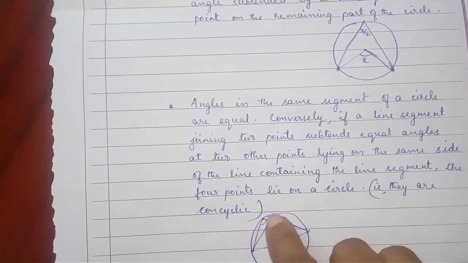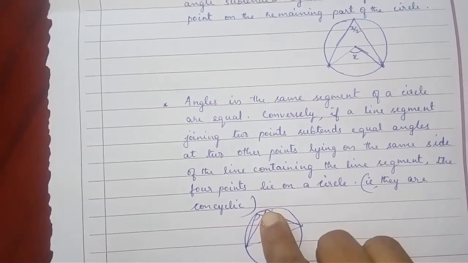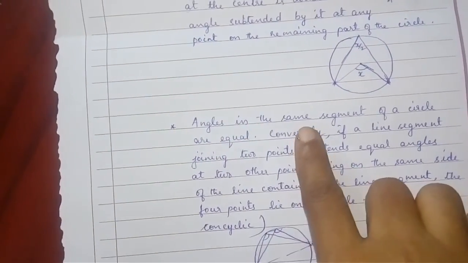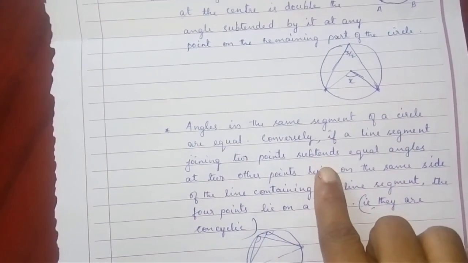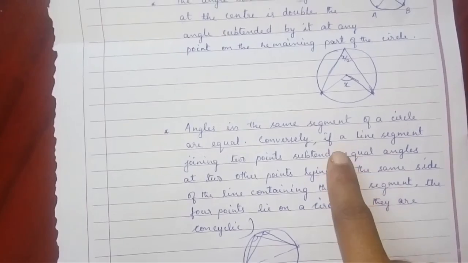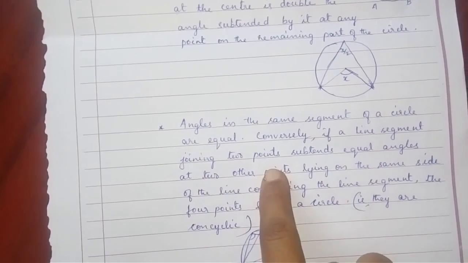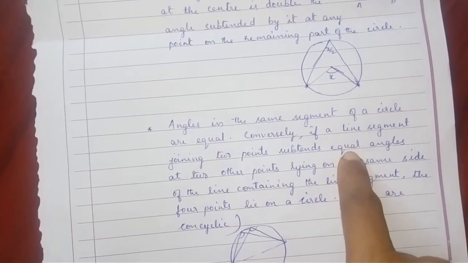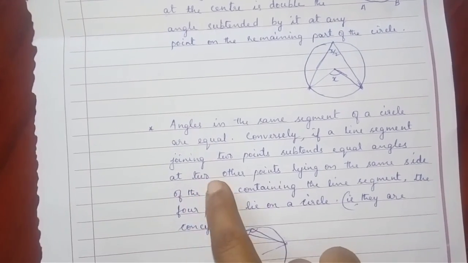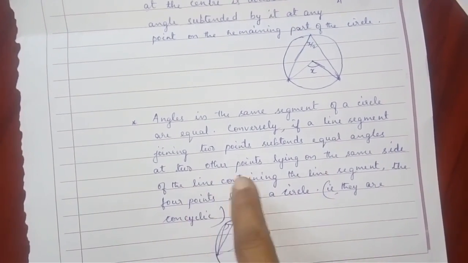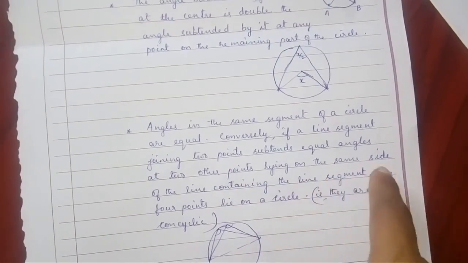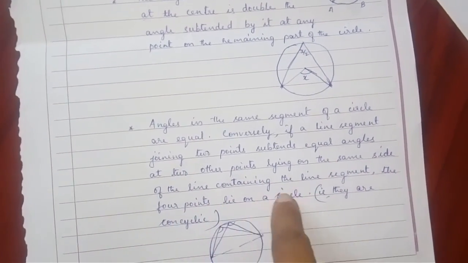Then the measurement of these two angles will be equal. That is given: angles in the same segment of a circle are equal. Conversely, its converse is given. If a line segment joining two points subtends equal angles at two other points lying on the same side of the line containing the line segment, the 4 points lie on a circle.